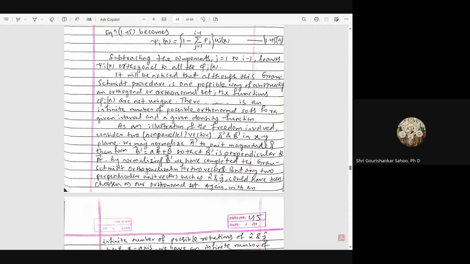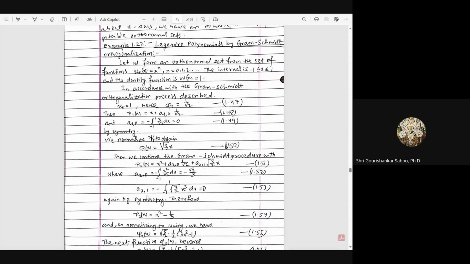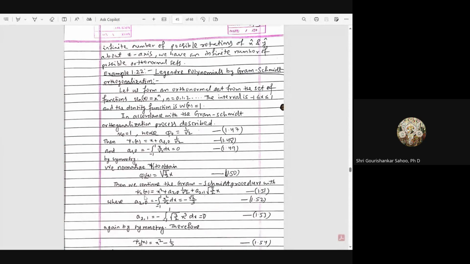But any two perpendicular unit vectors such as x cap and y cap would have been chosen as our orthonormal set. Again, with an infinite number of possible rotations of x cap and y cap about the z axis, we have an infinite number of possible orthonormal sets.